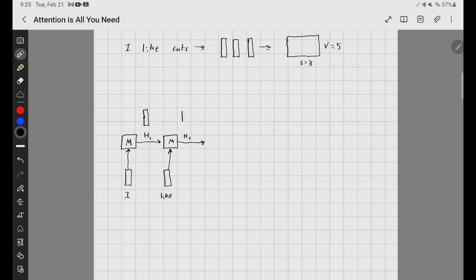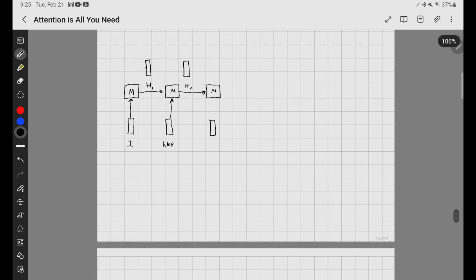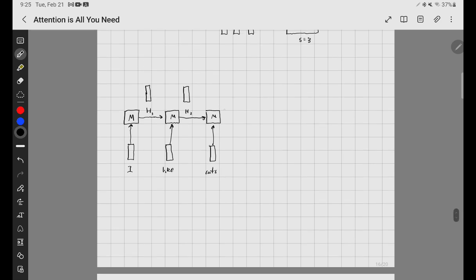And then this will be a new vector, which is slightly different, but now it has information of I and like. And then you will encode the word gatos, or cats, in the same module, and then that'll output H3, which is again another vector.